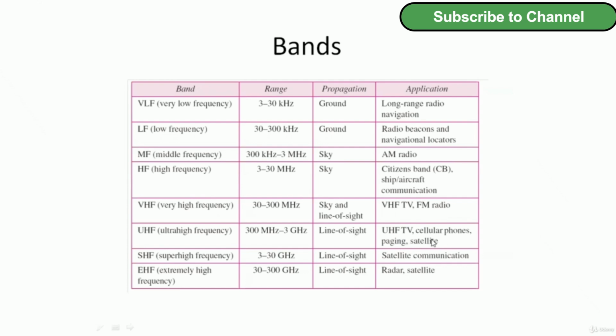UHF TV, cellular phones, paging, satellite, these are the applications. Then SHF, super high frequency, 3 to 30 gigahertz, line of sight, satellite communication. EHF, extremely high frequency, 30 to 300 gigahertz, line of sight, used in radar and satellites. So these are the different bands, the range of frequency, propagation, and the applications.